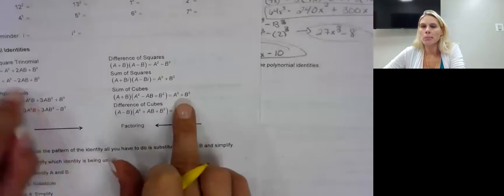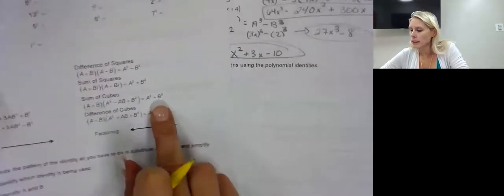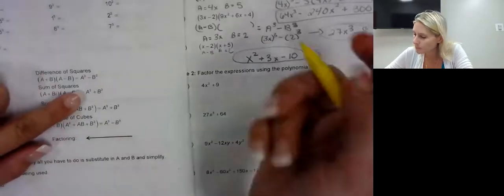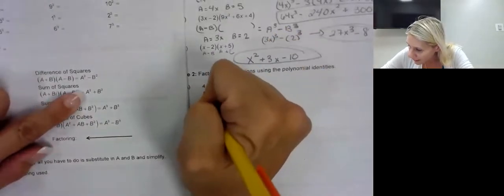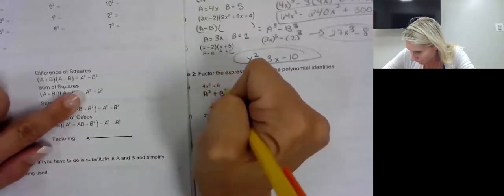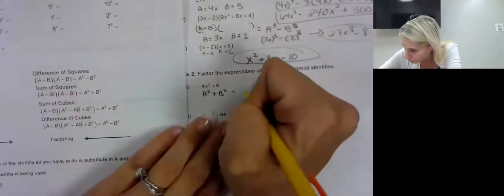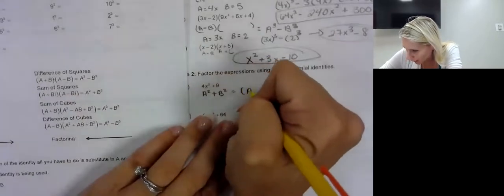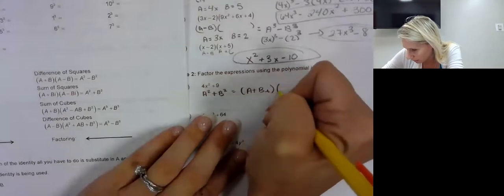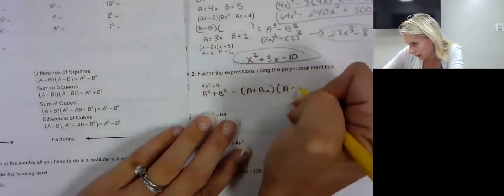Now here is an A plus B also, but this tells me it's going to be this top one because we're talking about square. Okay, so we're looking at this A squared plus B squared, and we're going to A plus Bi times A minus Bi.